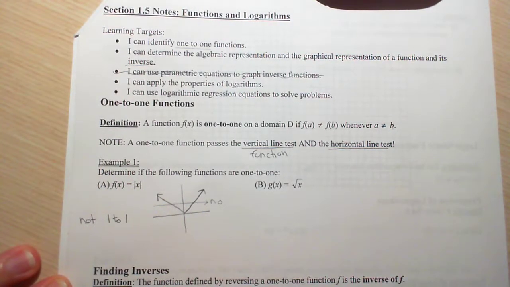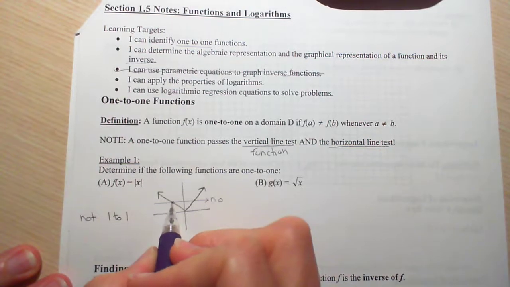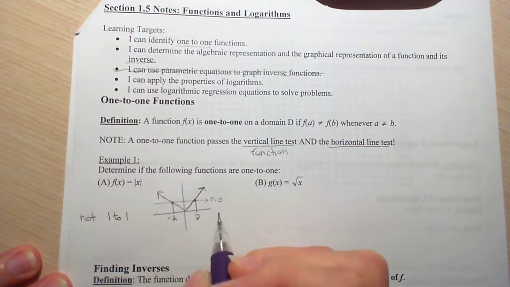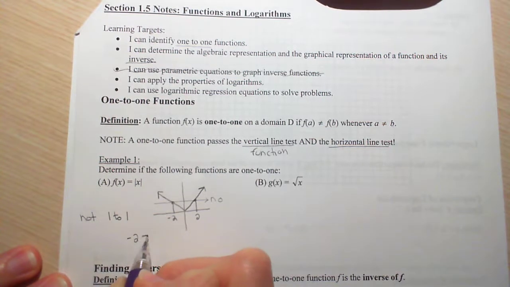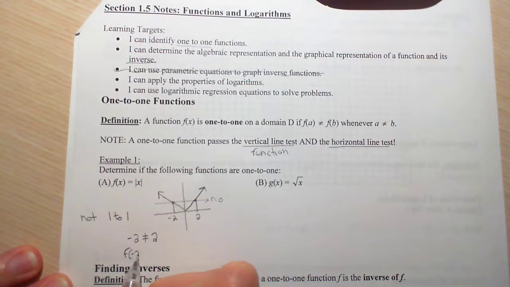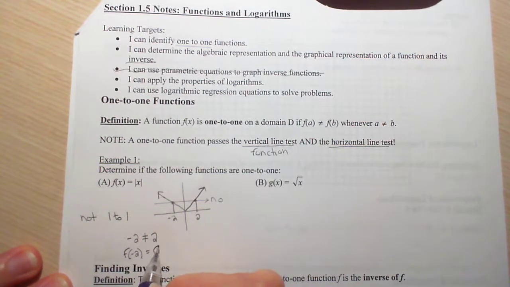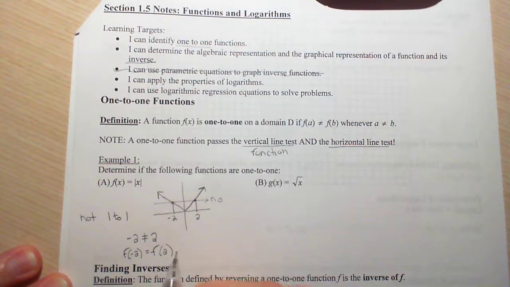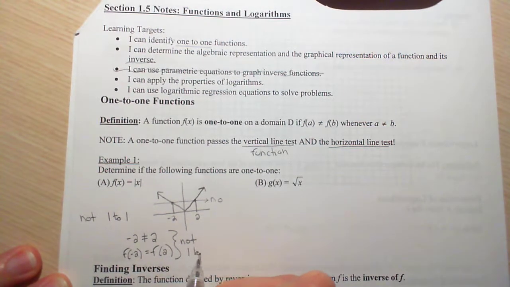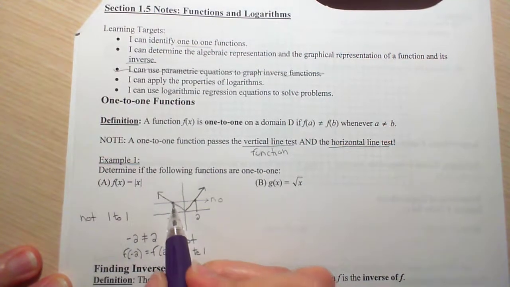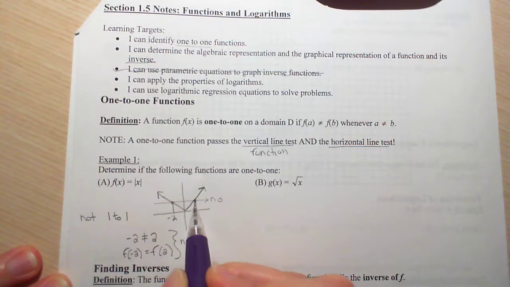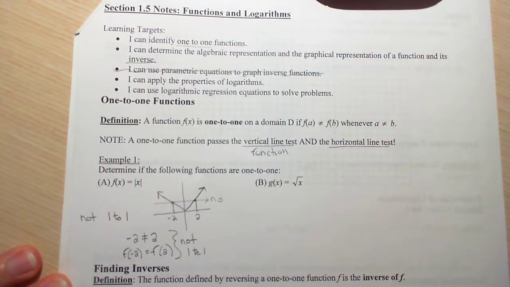And if you think about the definition, say I picked these two points, -2 and 2. -2 does not equal 2. However, f of -2 does equal f of 2. That also shows that it's not one-to-one, because f of -2 is going to be 2, and f of 2 is going to be 2.